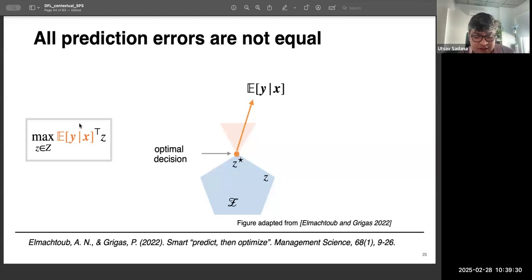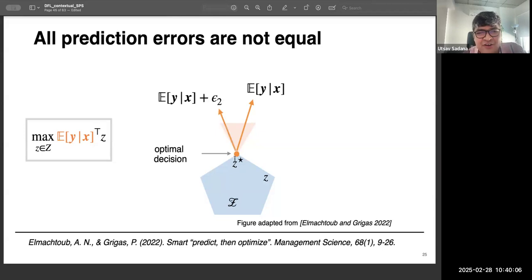And your reward is linear in your uncertain outcome y. So basically, what you care about is the expectation of y given x. If you could tell me the exact expectation of y given x, that is the mean, I know what the optimal decision is, right? Suppose you make a prediction which is exactly equal to this value, right? So you know that the decision is z star, right?